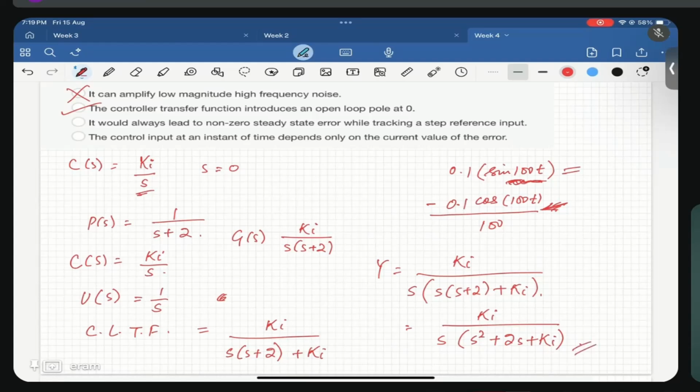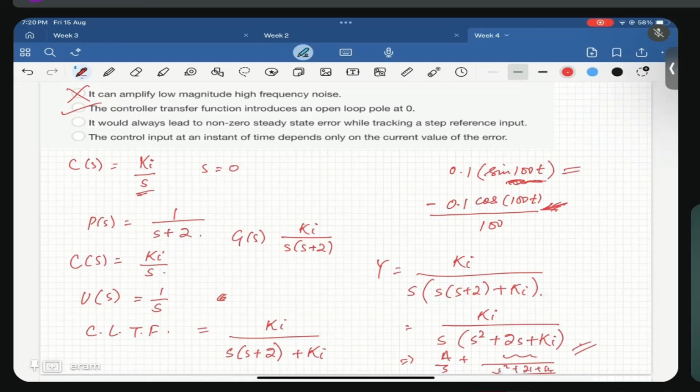If you do the partial fraction, you will get something like A by s plus some term over s square plus something.